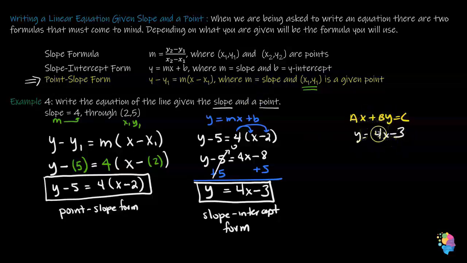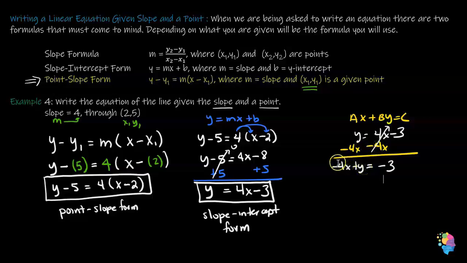So I'm going to have to move this 4x. Since it's a positive 4x, we're going to subtract 4x from both sides. From left to right, remember, we cannot combine these two. So I have minus 4x, the positive y, the equal sign, and 4 minus 4 will go to 0, leaving me only with a minus 3.